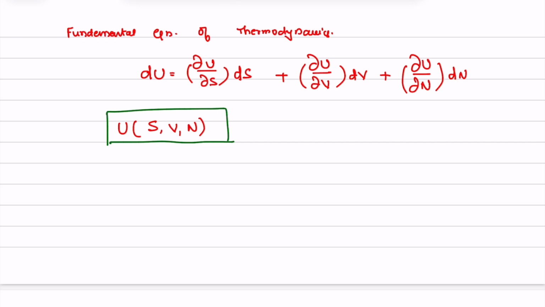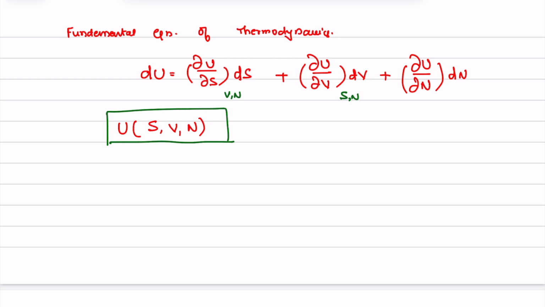Now in the first part, that is dou U by dou S into dS, what are the other things constant? I will write in another ink, that is V and N are constant here. In dou U by dou V into dV, what are the other things constant? S and N are constant. Entropy and number of particles.